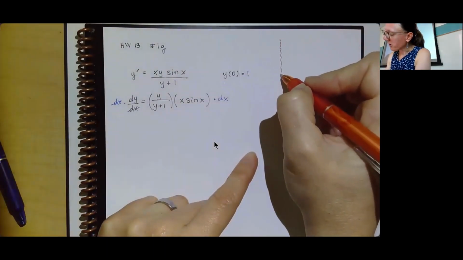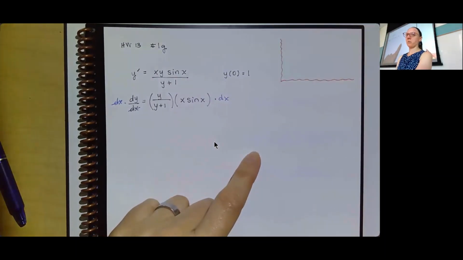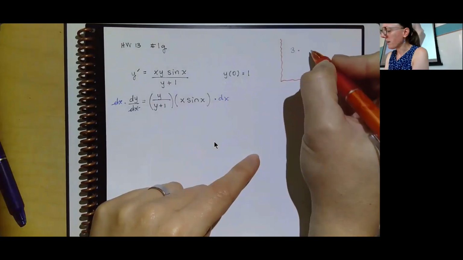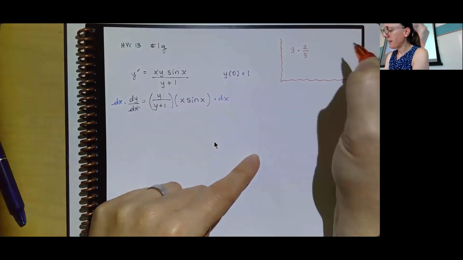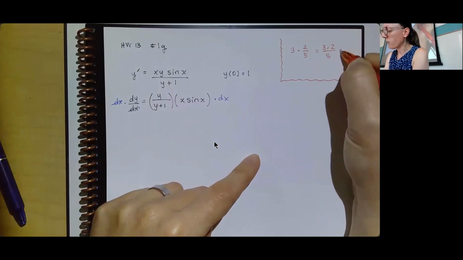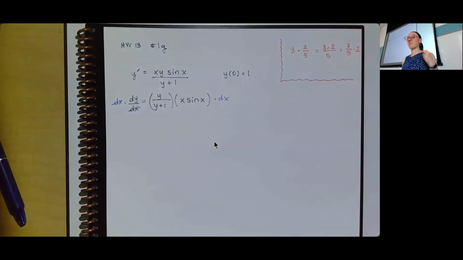Multiplication and division are commutative, fancy words for really getting at the point that if I have 3 times 2/5, that's equivalent to 3 times 2 divided by 5, and it's also equivalent to 3/5 times 2. As long as all the pieces that are being multiplied end up in the top, and all the pieces that were being divided end up in the bottom, I can rearrange and regroup things.